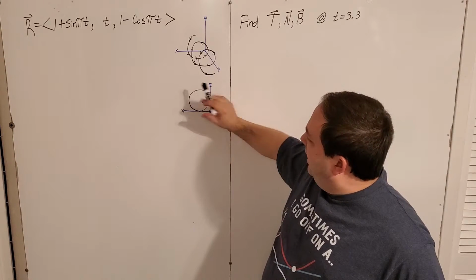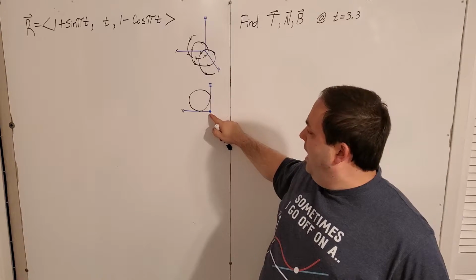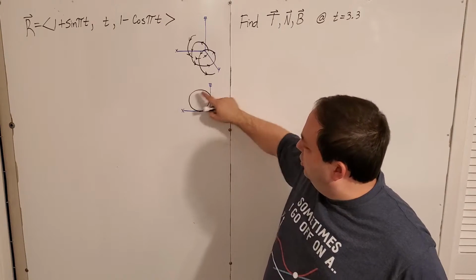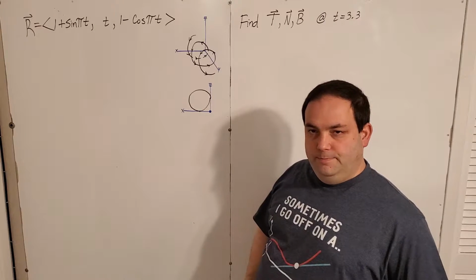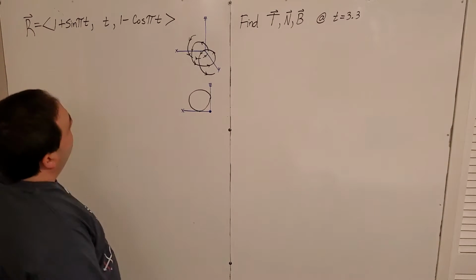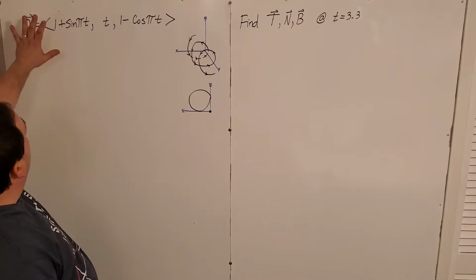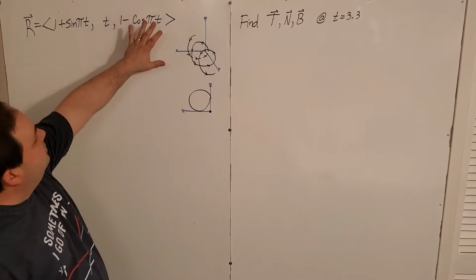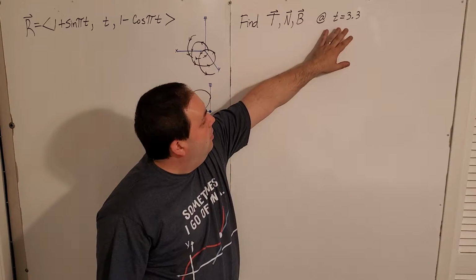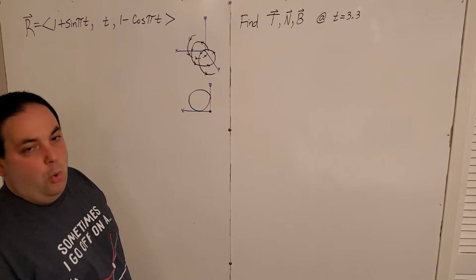So if you were to look at it down the barrel where the y-axis is coming straight at you right here, it would look like a circle in the xz plane. All right, so what I've got to do first to find my TNB frame, and then later on we'll find it at a specific point of the curve.